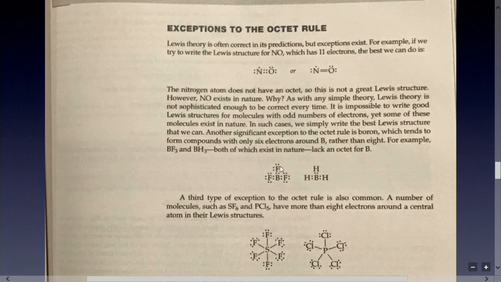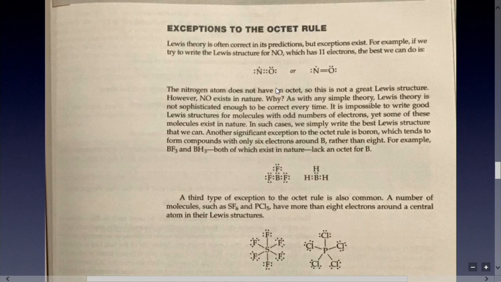So boron trifluoride or boron trihydride are totally legit molecules. Those are molecules that you would see, and just don't worry about the fact that you would like to have 2 electrons there. Don't add them and make it a polyatomic. Don't do that. Just leave it how it is if it's boron.